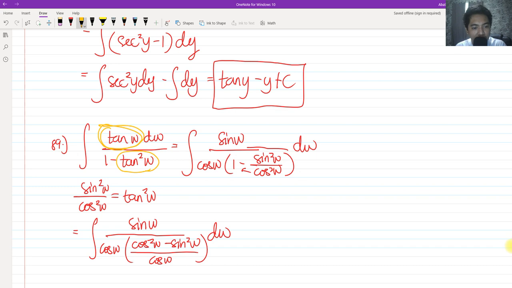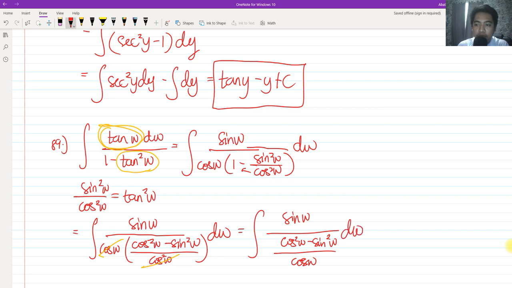Because the cosine would cancel the denominator here. That is the very purpose of doing that. So you've canceled one cosine there.